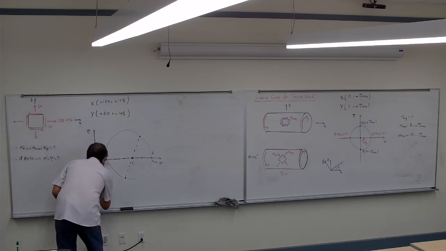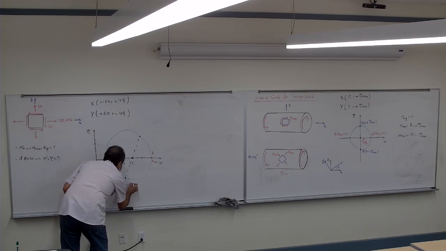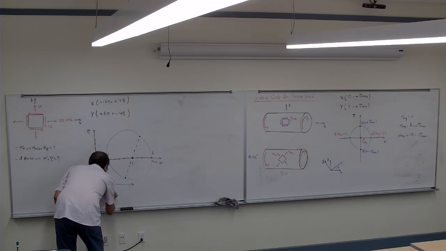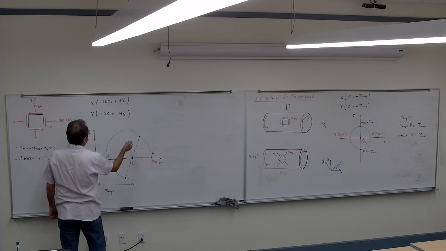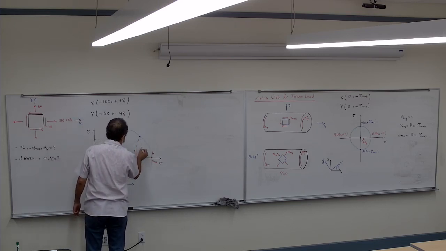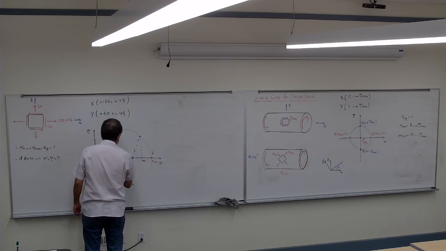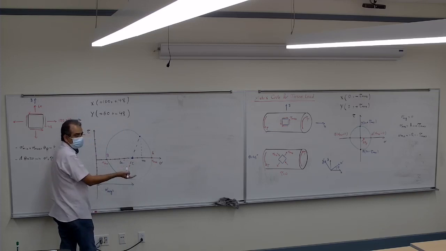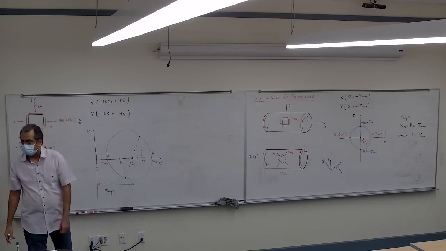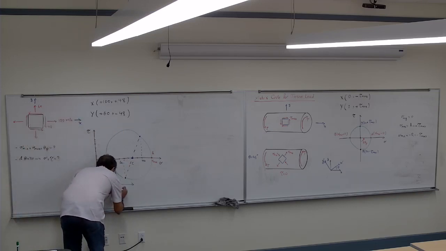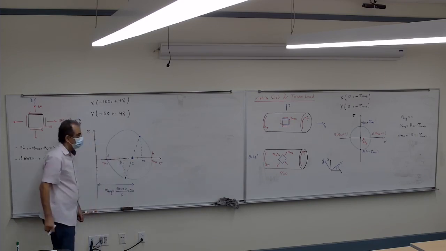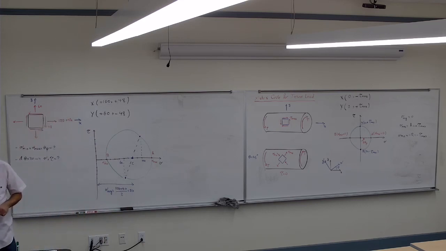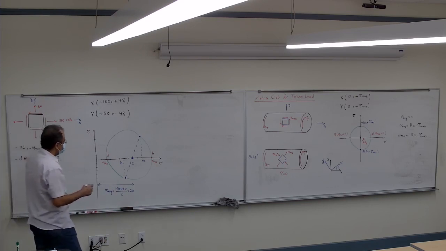The sigma average at the center is how much? This is 100, correct? And this is 60. So it's 100 plus 60 divided by 2, so it's going to be 80. Then how much is this?